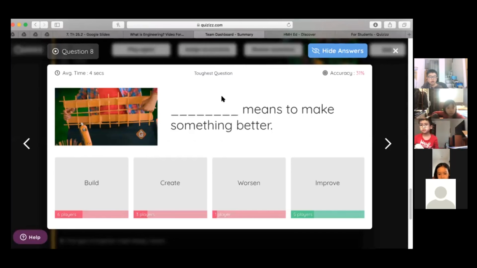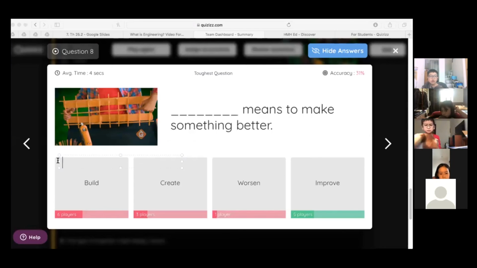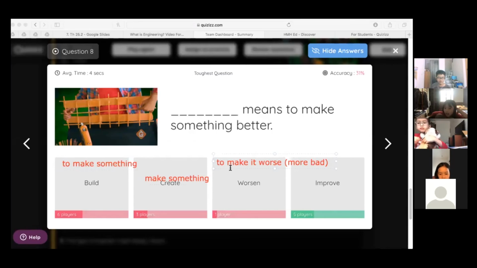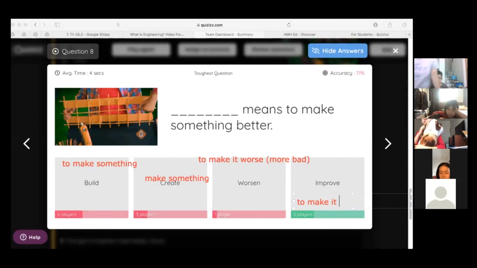Let me give some details here. Build means to make something. Create also means to make something. Worsen means to make it worse, more bad. And improve means to make it better.